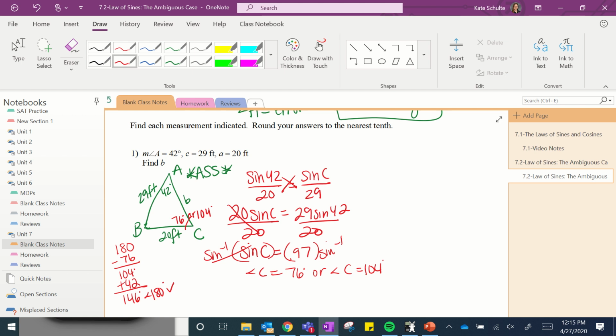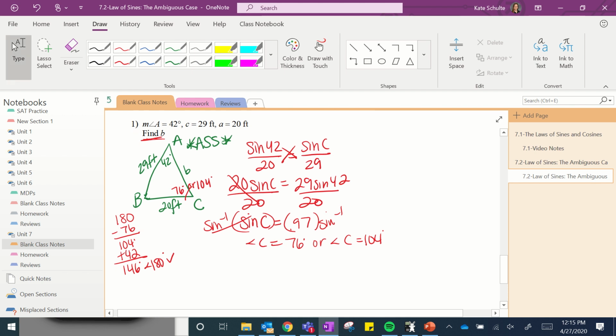If I was just stopping at angle C, we'd be done, but we've got a lot more to go here because we're looking for side B. The only way we can get side B is by first getting angle B. If there's two angle C's, there's also going to be two angle B's.